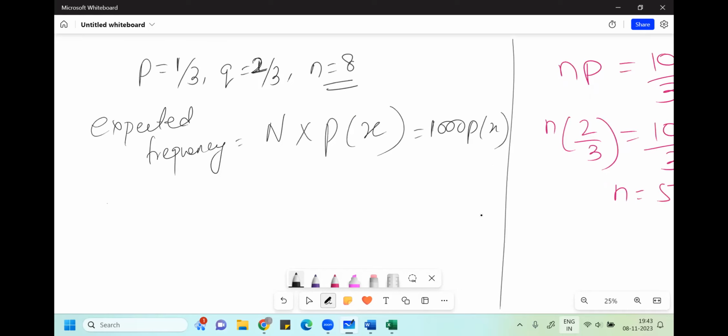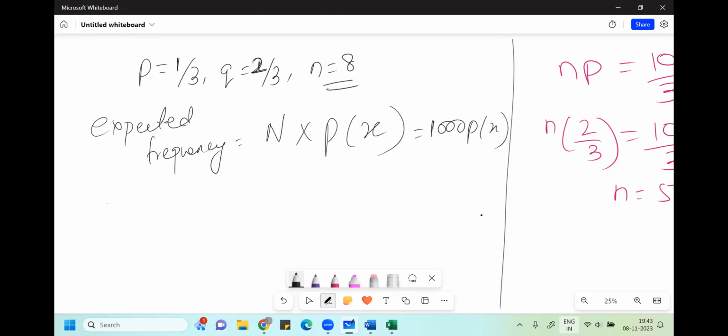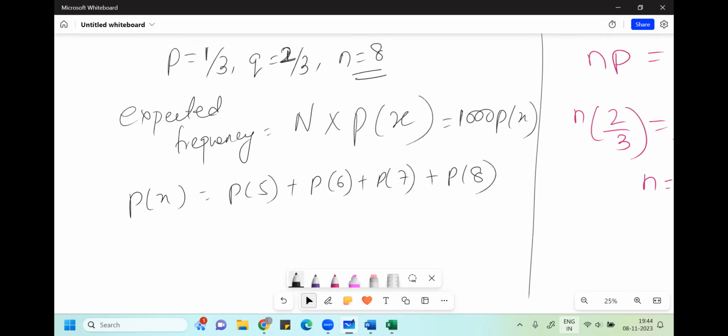So what is the expectation? Whenever you do an experiment, there's an objective. Total eight units I have. Here, how many enumerators are expected to report 5 or more are tea drinker? Total 8 is there. So 5 or more means 5 plus 6 plus 7 plus 8. You're getting it? That I'll multiply with 1,000.